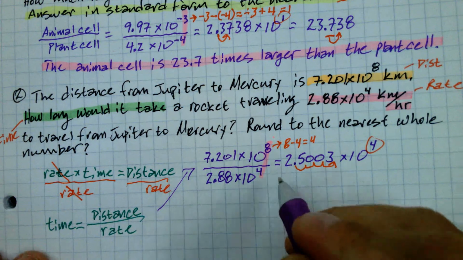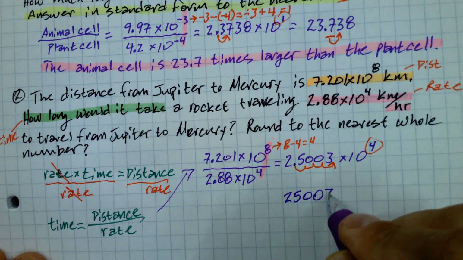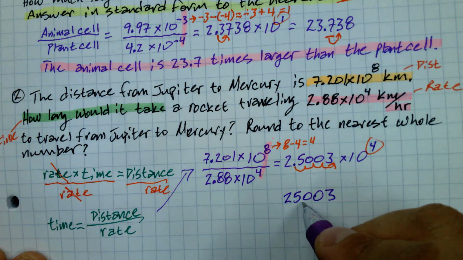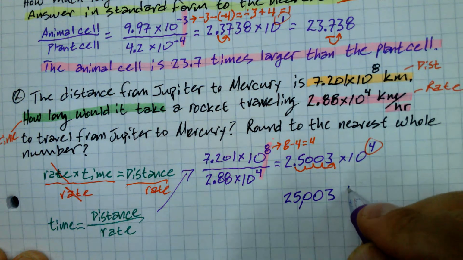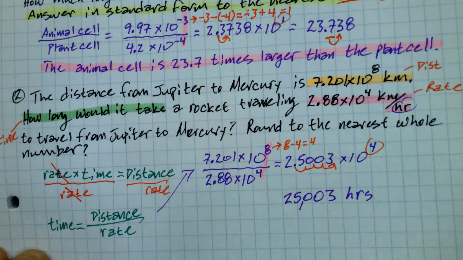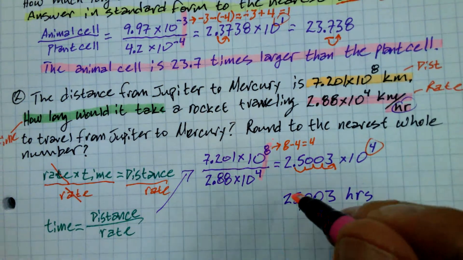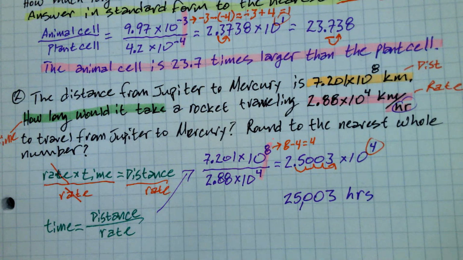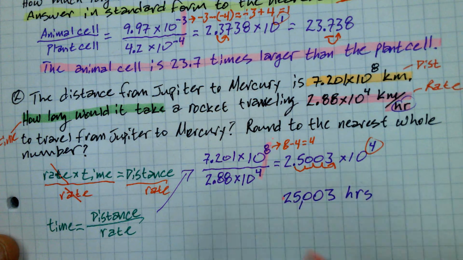So our final answer is 25,003 hours. Since our units were in hours, it's going to take that many hours to go from Jupiter to Mercury.